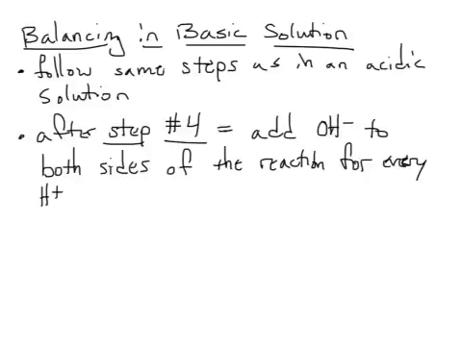So in our previous example, if you take a look back, after step number 4, we had 14 H positives on the reactant side to our reduction. So if this was in a basic solution, right after you've done that step, you would add 14 hydroxides to both sides of the reaction. You would add 14 OH minuses to the left and 14 OH minuses to the right. You do that to cancel out the H positives.